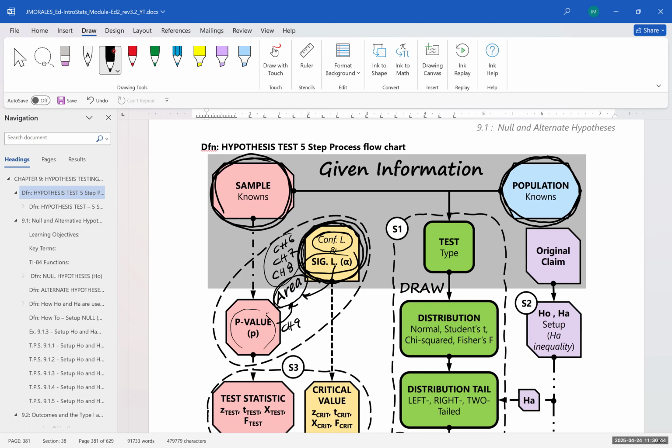Now, because we're dealing with hypothesis testing, you're going to keep your eye out for some claim that's being made. So you want to look for the original claim. What's the claim being made in the problem? And based off of this information that you've been given, you're going to determine what type of hypothesis test you're actually conducting. So all of these givens are going to play into the type of test you need to apply.